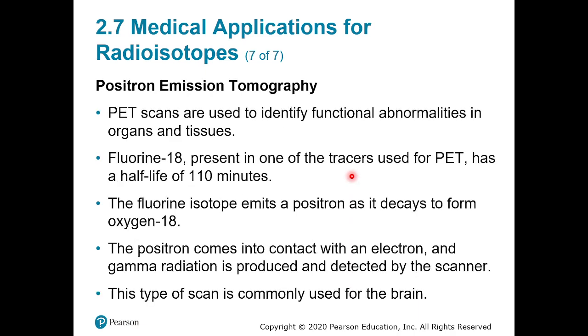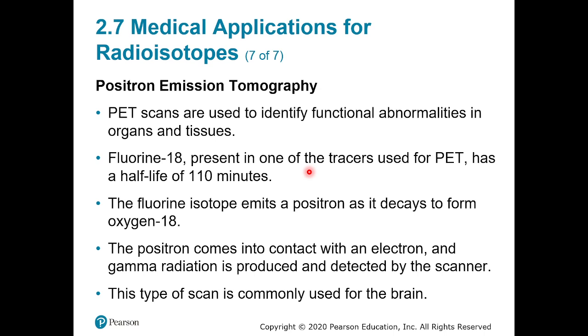Yeah. This is a PET scan. These are positron emission tomographies. They're typically used to identify functional abnormalities in tissues and organs. Fluorine-18 is one of the tracers used for a PET scan and has a half-life of 110 minutes. This is one of the things that really limits these scans, and one of the reasons why the hospitals have to very carefully rotate people through.